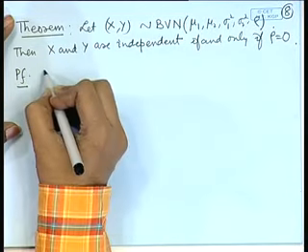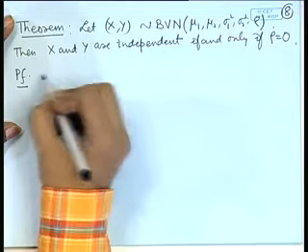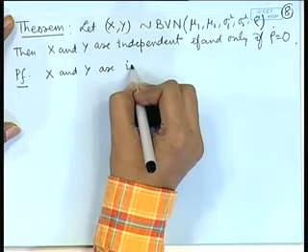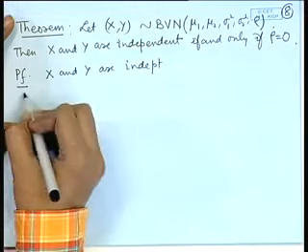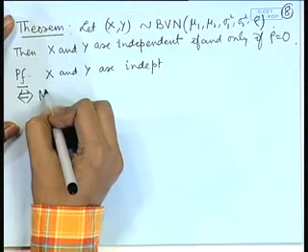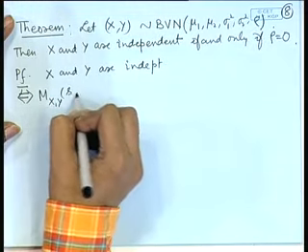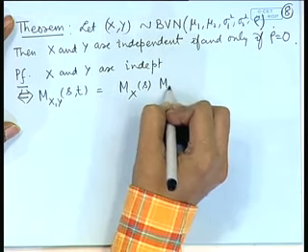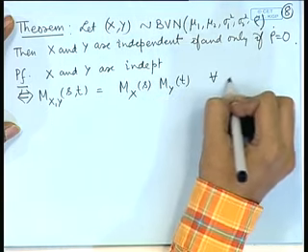To prove the reverse, we make use of the joint MGF. So, x and y are independent. This is equivalent to the statement M_xy(s, t) is equal to M_x(s) M_y(t) for all s, t.